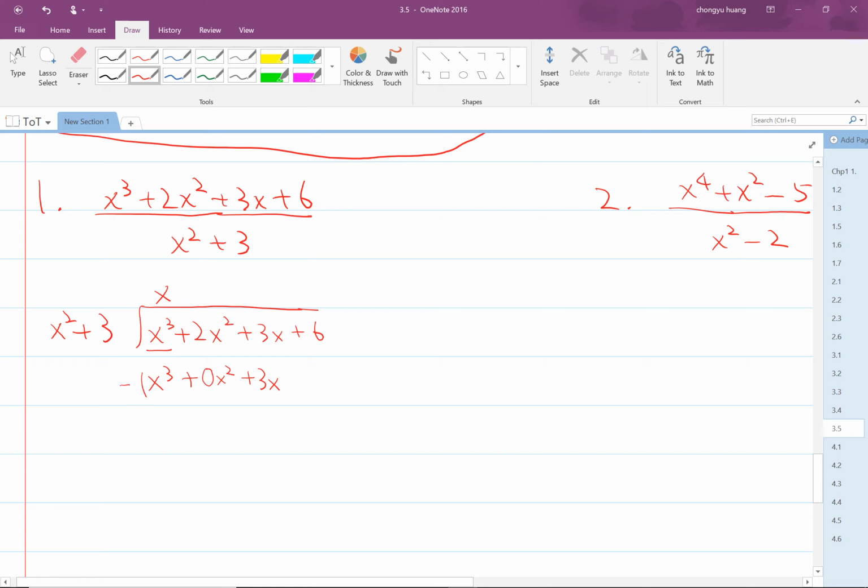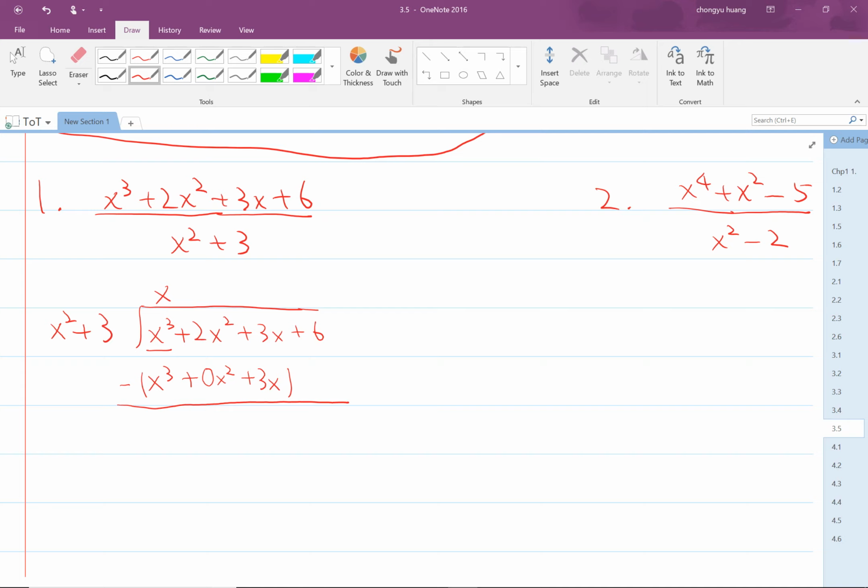And then as always, we try to minus it, right? So what we have is x to the power 3 minus x to the power 3 is equal to 0, right? And then 3x minus 3x is also equal to 0, right?